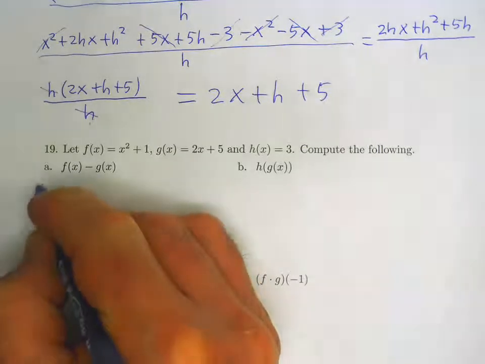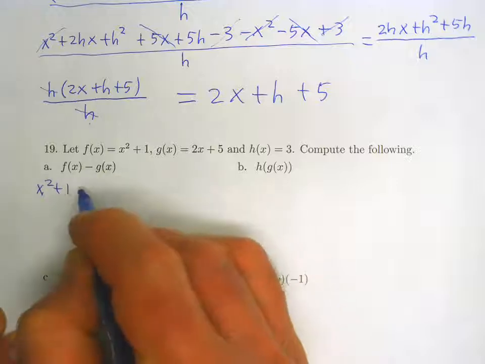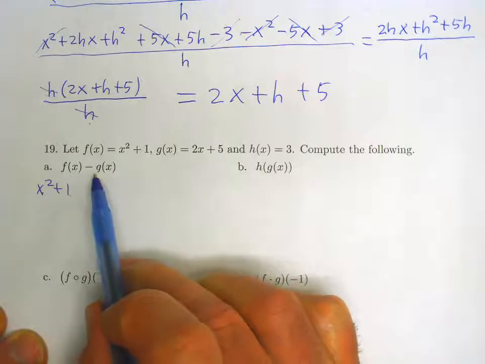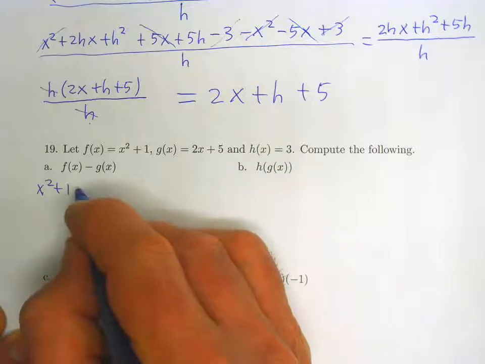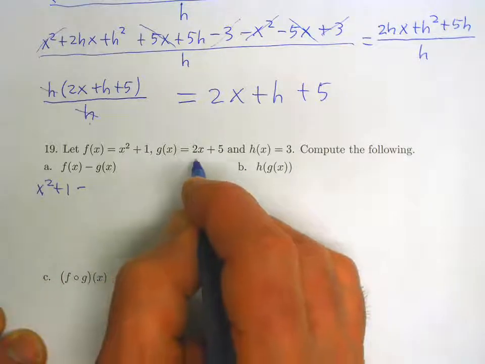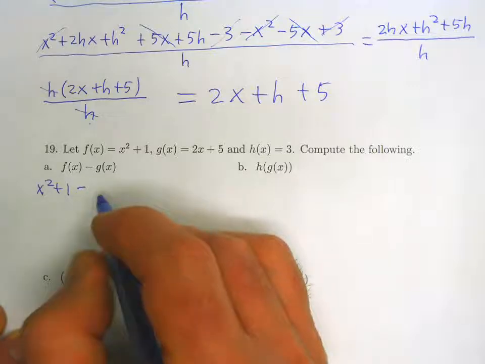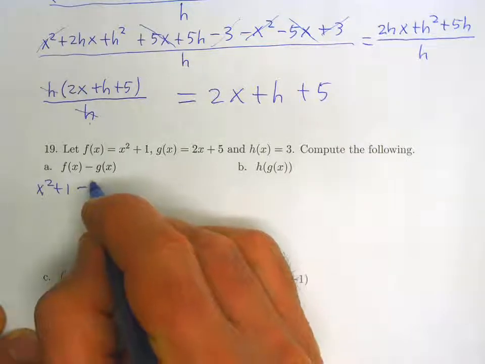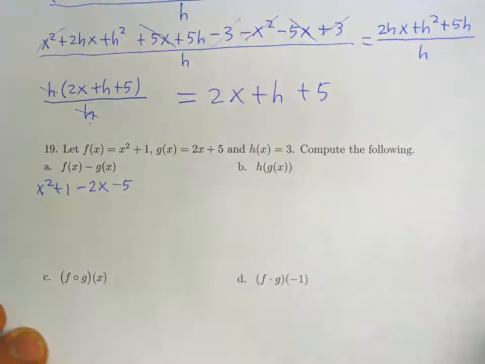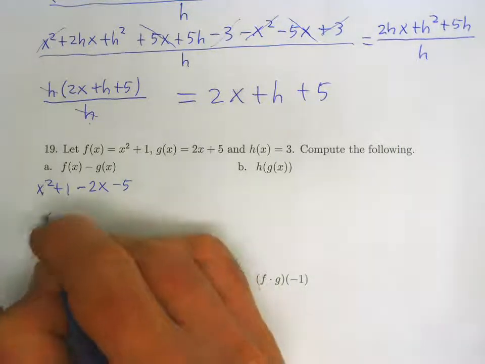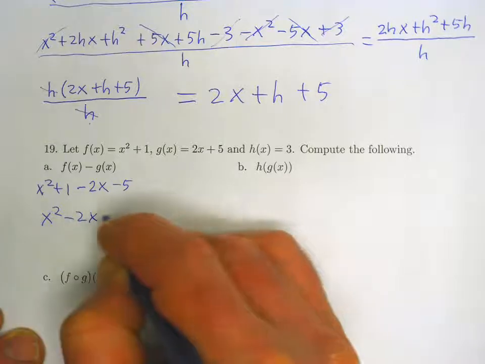So we'll write x squared plus 1. g of x is a binomial, so you have to make sure that you subtract each of the terms. So if you don't write parentheses, write minus 2x minus 5. And we can simplify a little further, so x squared minus 2x minus 4 is what we get.